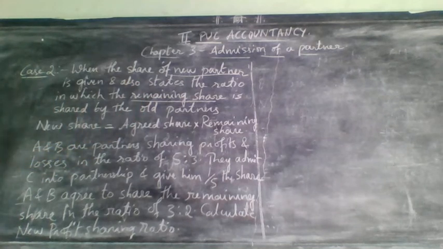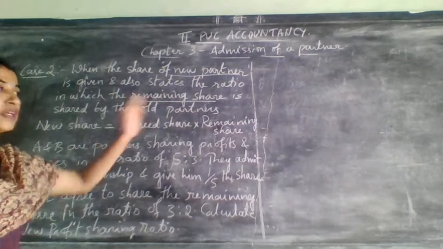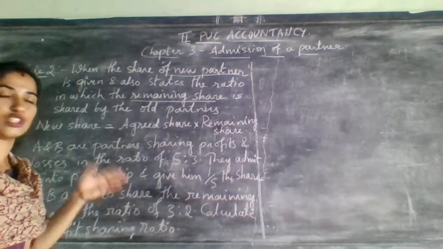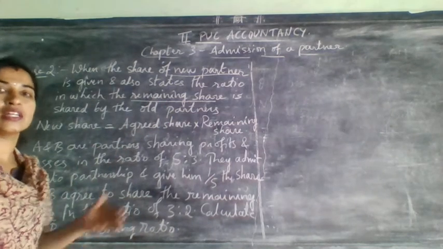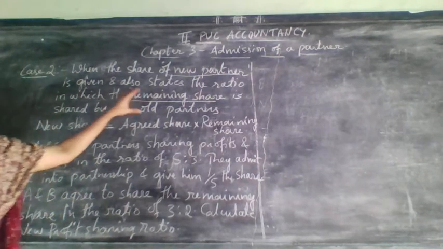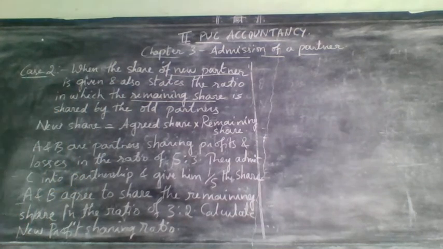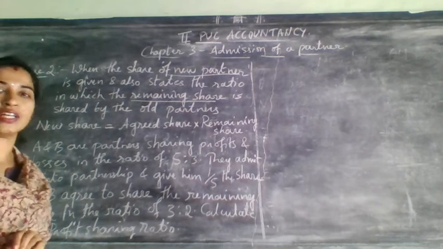Along with the old ratio, they will give the new partner's share, and the ratio in which the remaining share should be distributed among the old partners. This they will give you in the problem. At that time, how will you get the new profit sharing ratio?